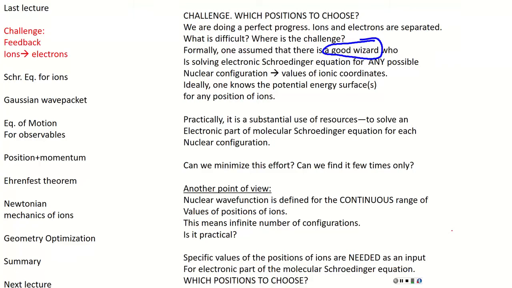Where do we get these forces? By solving the Schrödinger equation for the electronic part.